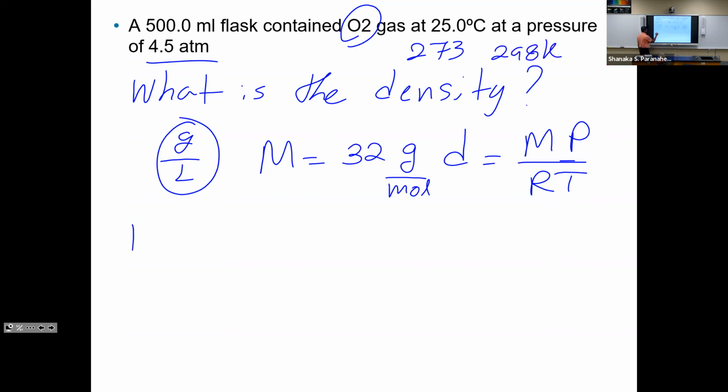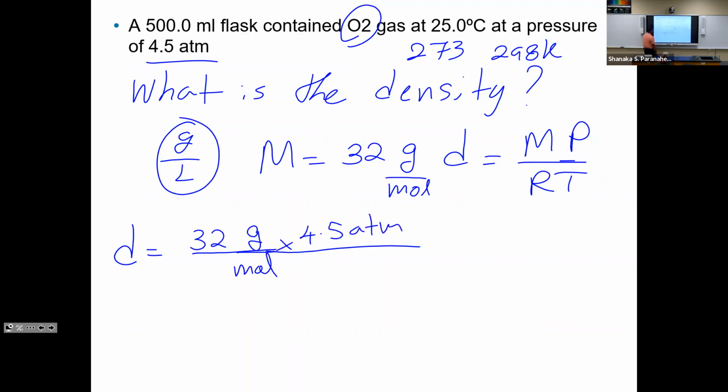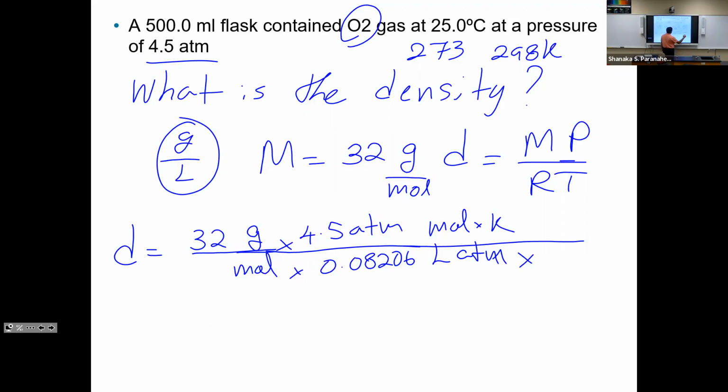Okay, now let's solve for density. Density is equal to molar mass, 32 grams per mole, times pressure, 4.5 atmospheres, divided by R. What is the R value you are going to pick in this question? 0.0821 liter atm per mole Kelvin goes to the denominator. Then temperature is 298 Kelvin.